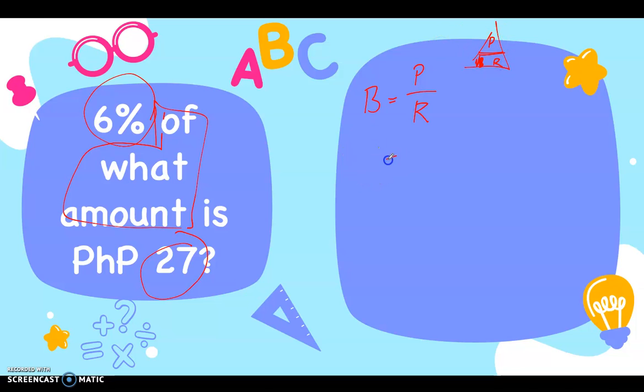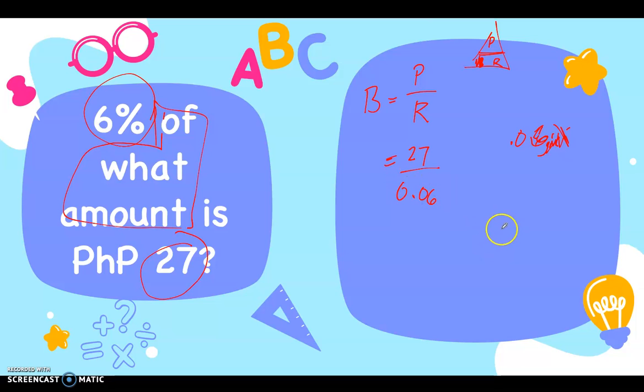Okay, so for our percentage, we have 27, and our rate is 6%. So what are you going to do? Remove the percent symbol. So it is now 6. Move 2 places to the left from the end of the number, 1, 2. So our decimal number, our rate, is 0.06.